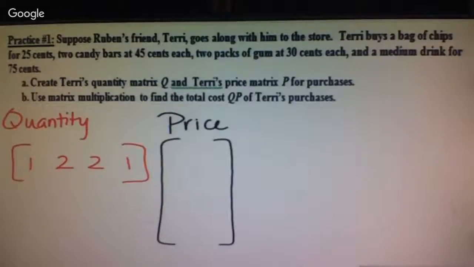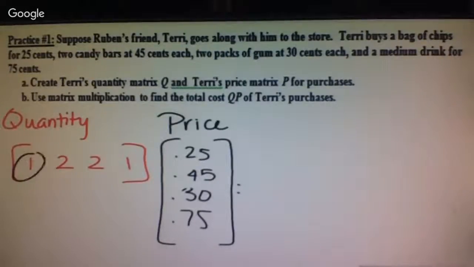Okay. I need to be able to multiply this by how much each one of these items costs. So again, the order that you put the quantity in is the order that you've got to put the price in. 25 cents, 45 cents, 30 cents, and 75 cents. So again, when we multiply, the 1 goes with the 0.25.